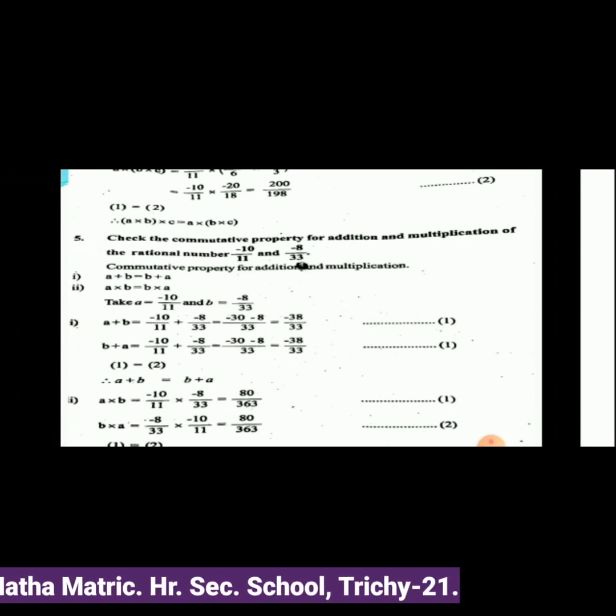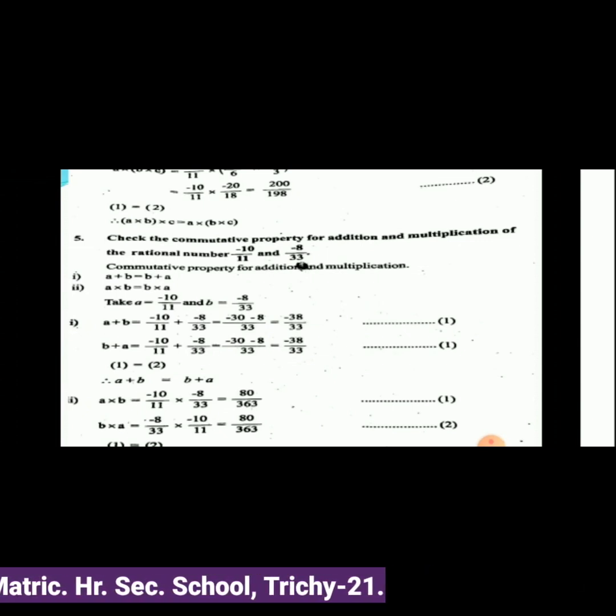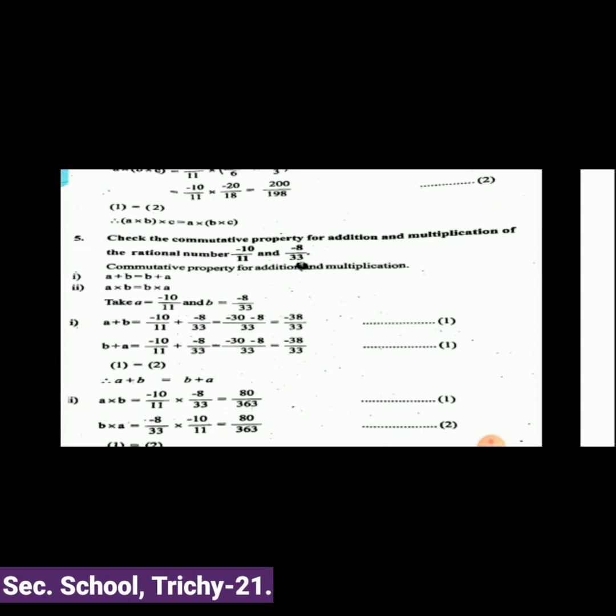In the second one, a cross b is equal to minus 10 by 11 multiplied by minus 8 divided by 33. Here numerator multiplied into numerator, denominator multiplied into denominator. So minus into minus is plus, 10 eights are 80, 11 thirty-threes are 363.